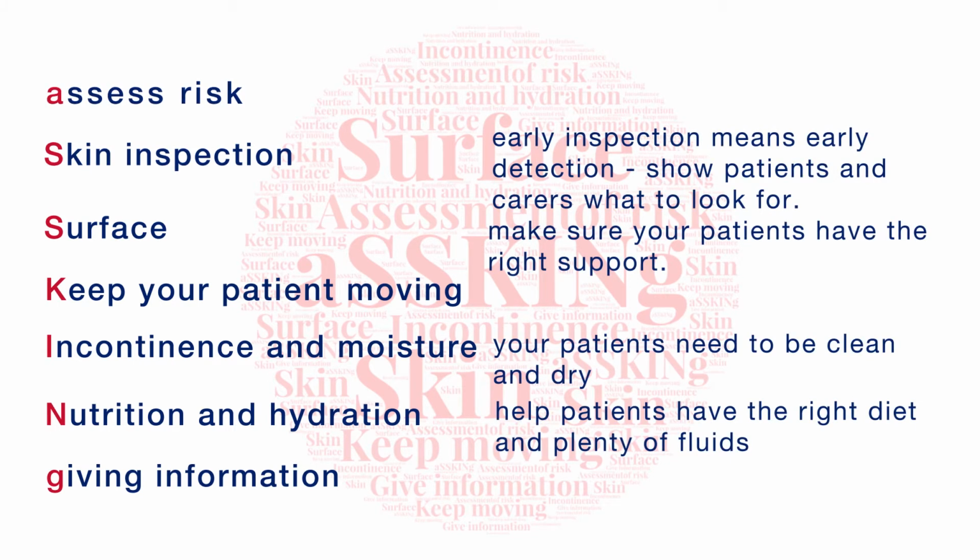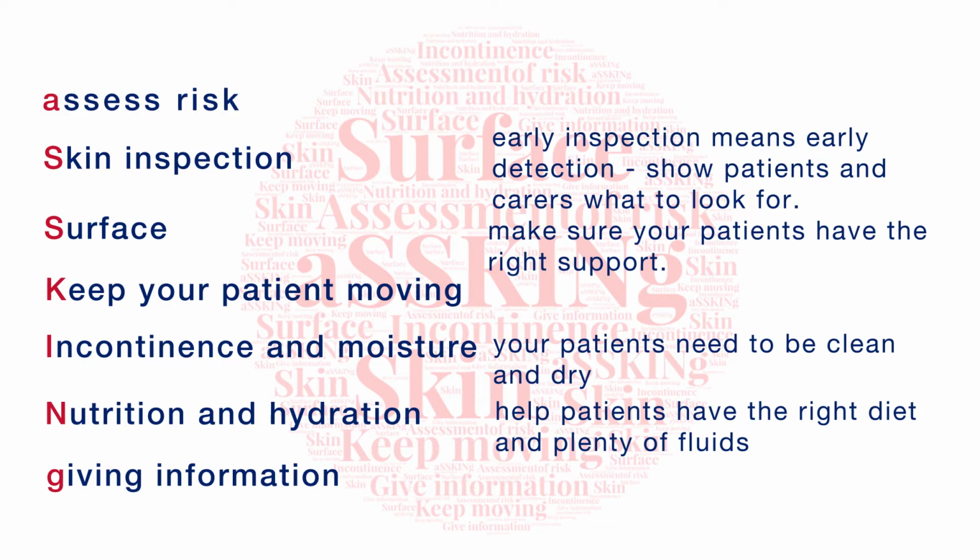Since the release of the pressure ulcer core curriculum in June 2018, there's been a dedicated educational drive to raise awareness and implementation of the aSSKING framework, and it's now being adopted across a range of care settings where it forms an essential part of patient care plans. The aSSKING Care Bundle is a tool which guides and documents pressure ulcer prevention and is aimed at reducing the risk of this often preventable patient harm.